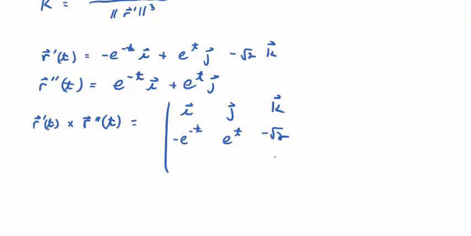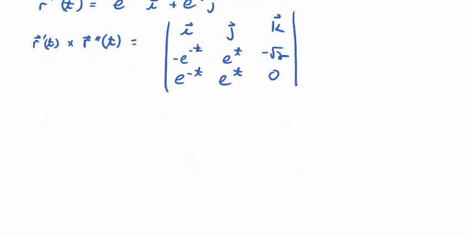Then for the bottom row, let's put in the components of r double prime: e to the negative t, e to the t, and 0. We take this cross product and cross out the first column and take the determinant of the remaining matrix. So what does that give you?